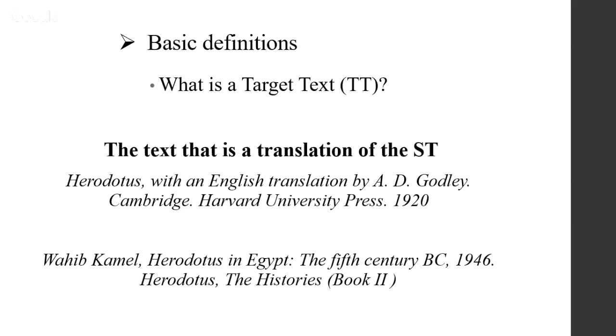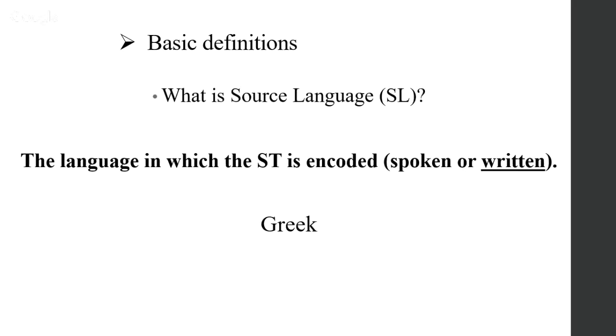The target text is the translation of the source text, for example the Godley translation of Herodotus, the English one, or Wahib Kamel's translation, the Arabic one. The source language is the language in which the source text is encoded, spoken or written. We are dealing now with the written text itself, which is Greek.